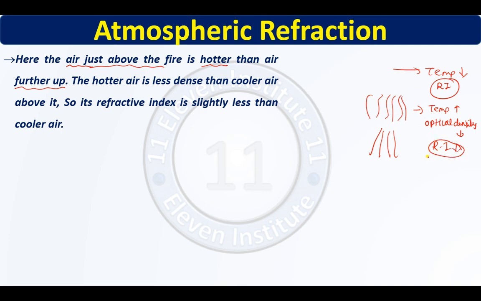So there is a difference in the refractive index, and due to this there is continuous bending of light which is responsible for flickering. So the hotter air is less dense than cooler air above it, so its refractive index is slightly less than the cooler air. Refractive index of whom? Refractive index of hotter air. Refractive index of hotter air is slightly less than refractive index of cooler air.